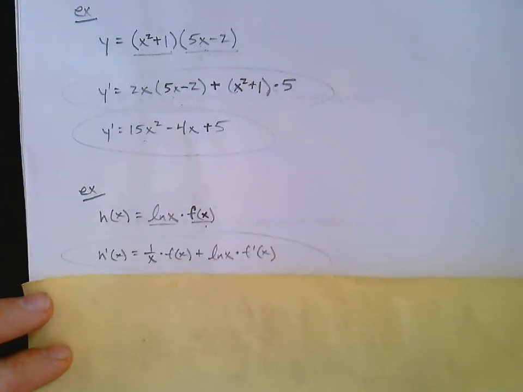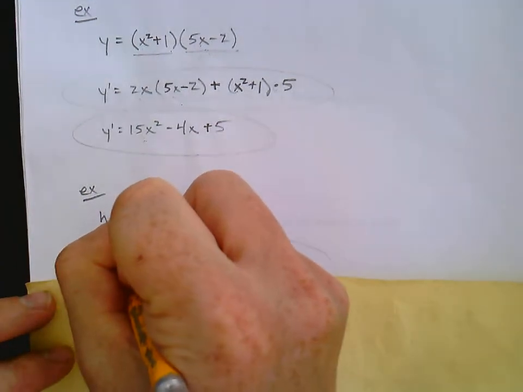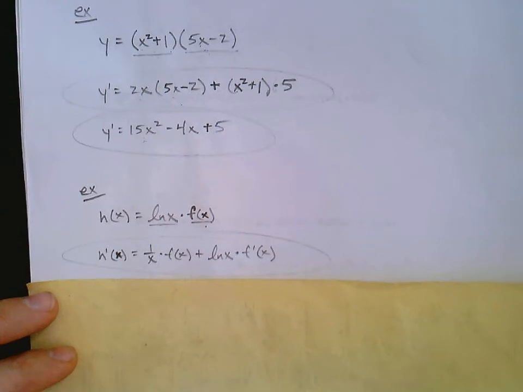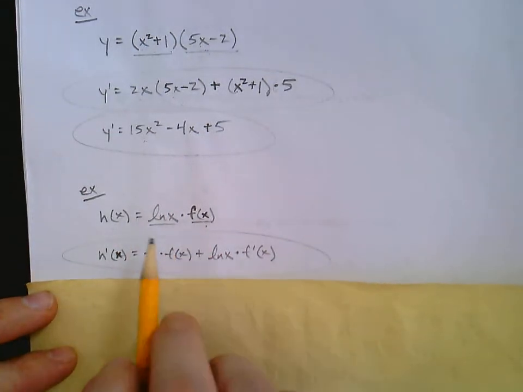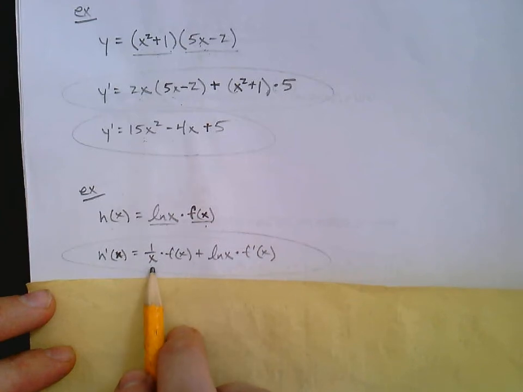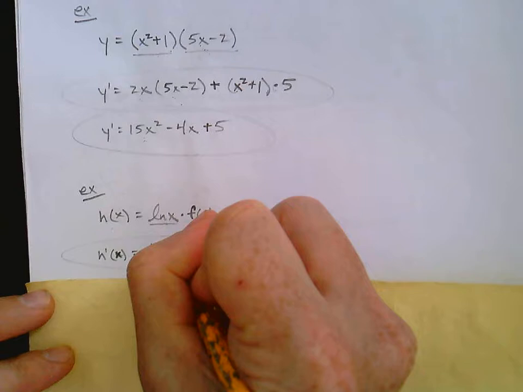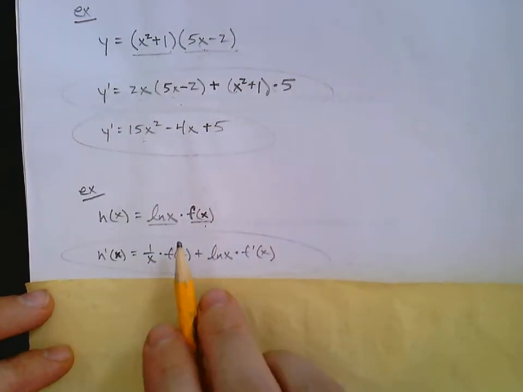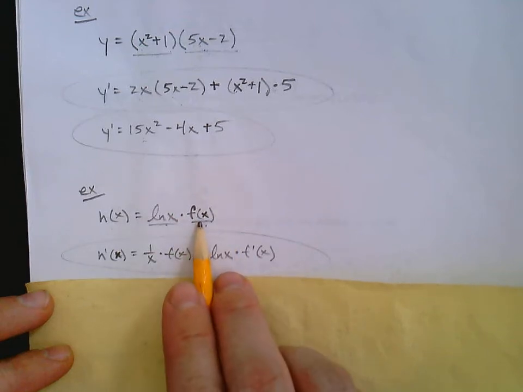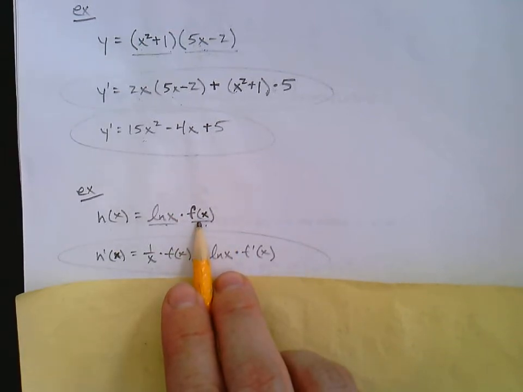So let's see, h prime of x. We'd say, okay, well, it's still first and second. So derivative of natural log x is 1 over x, and then we're just going to leave that one alone. Plus, we're going to just copy the natural log x times, and now we take the derivative here. But to take the derivative, well, what are we going to do?